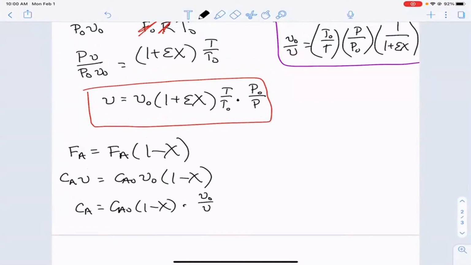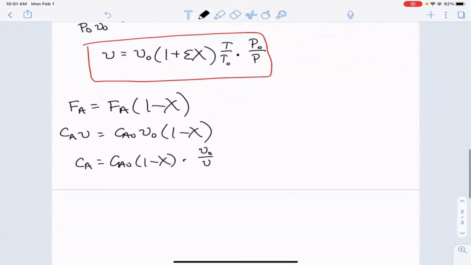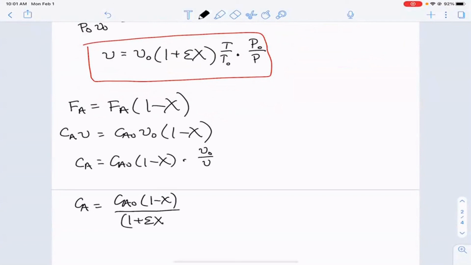And so we can just insert this expression into our equation that we wrote. And Ca then equals Ca0 times 1 minus x, now times V0 over V. And so that was 1 plus epsilon x times T0 over T times P over P0. Okay.